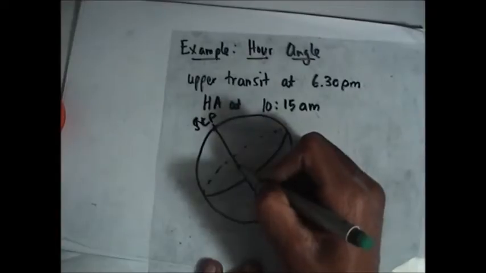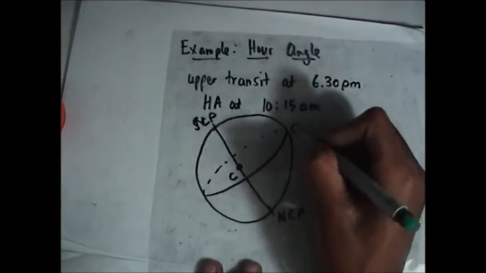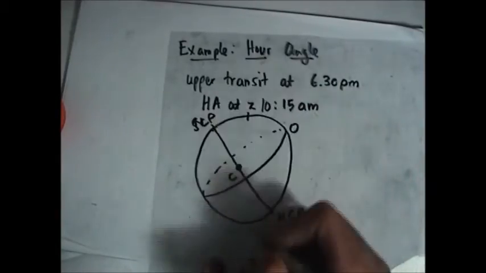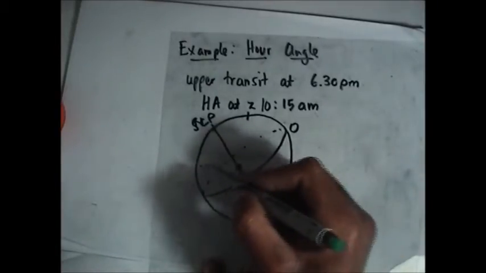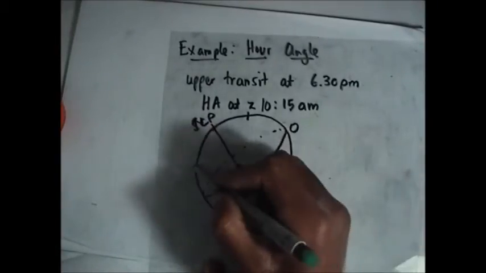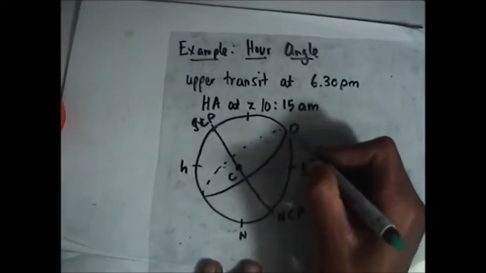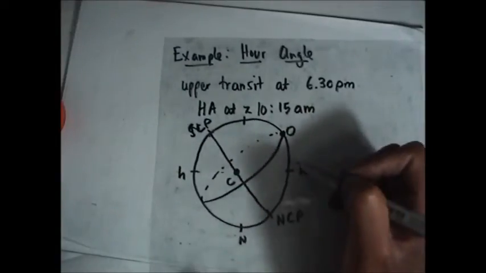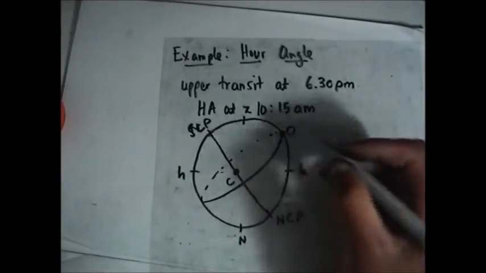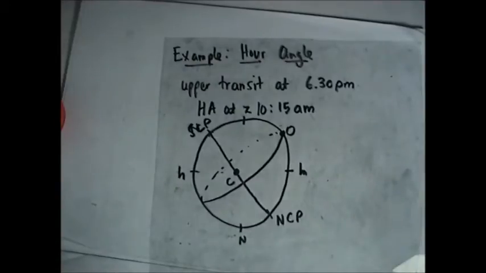This is going to be my center C, and this is going to be my origin, because this is the zenith, the nadir, therefore the horizon is here. That's where the horizon is. So this is the point that is above the horizon, and therefore that point is going to be my origin.